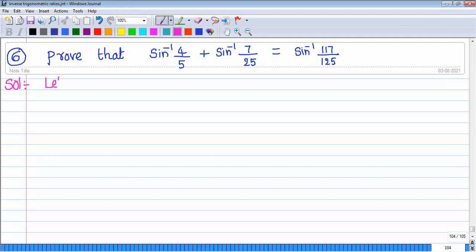So let us say sine inverse 4 upon 5 is equal to alpha, or A also we can say, no problem. Sine alpha is equal to 4 by 5. See, if you know one of the trigonometric ratios, the other trigonometric ratios we can easily evaluate. So consider a right angle triangle.